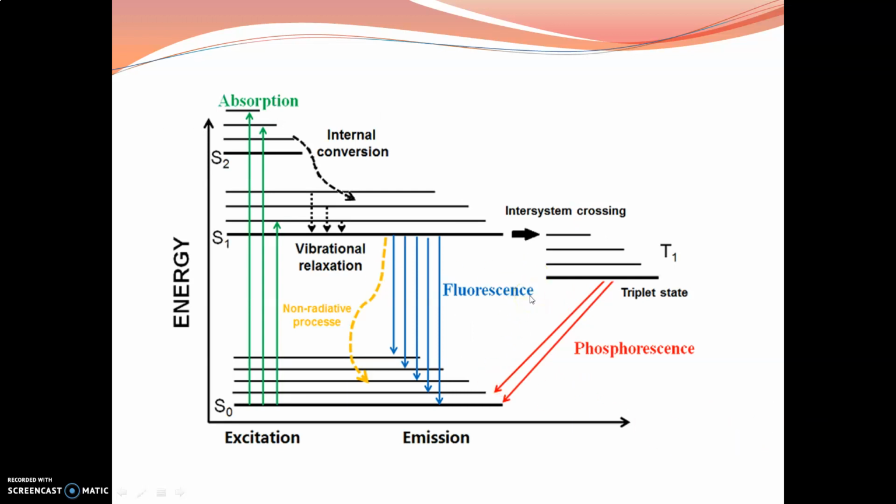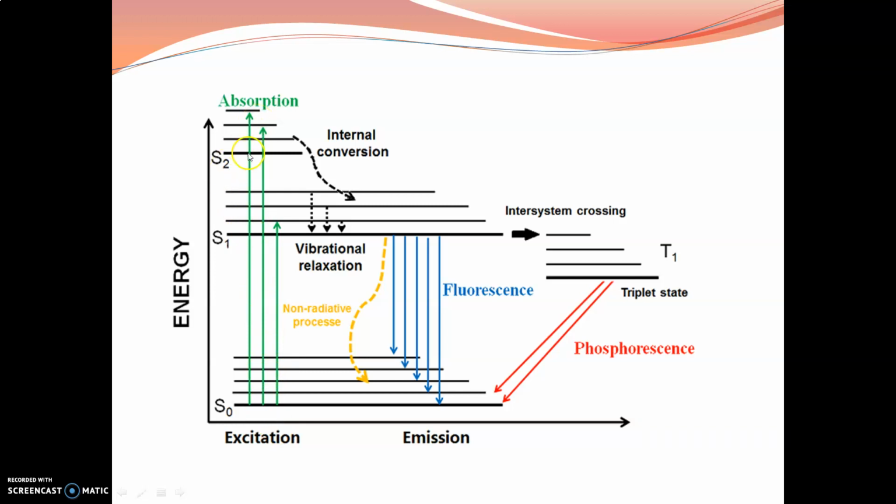Now exactly what is fluorescence and phosphorescence? Excitation is taking place. S0 is the ground state, S1 is excited, S2 is the more highly excited state. When energy is absorbed, the electrons go from S0 to S1 or to S2.